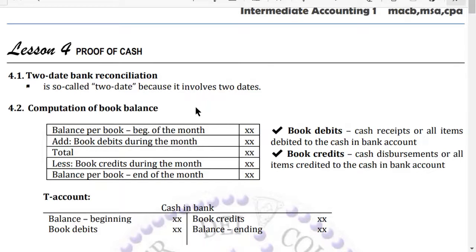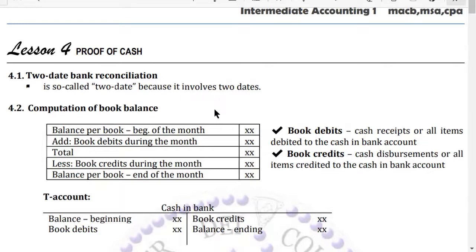And when we talk about the debit memos, these are deductions or charges against you that were reflected in your bank statements. Examples of these deductions, we have the NSF or not sufficient fund checks, the bank service charge, or other forms of deductions against your cash balance in the bank.